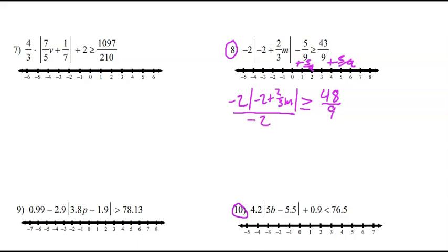Divide each side by negative 2, which is the same thing as multiplied by negative 1/2. Half of 48 is 24, so we have negative 24 over 9 right here. We divide by negative numbers, so we're going to flip that inequality sign.